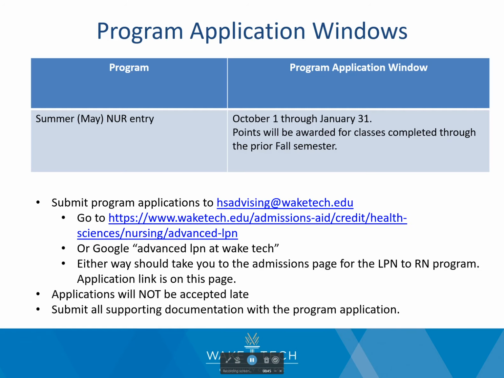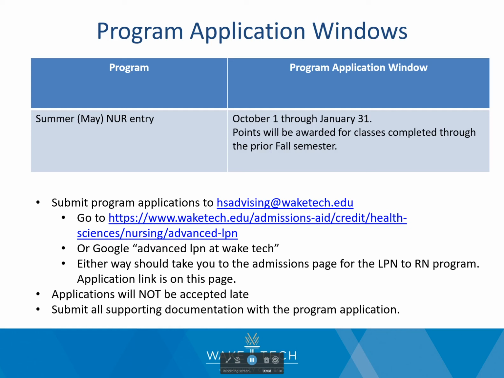Now, as I said, that application window will open October 1st through January 31st. We are a competitive program entry, so we are going to award points. We're going to cover that in just a minute, and we will use any class that you have completed up to that prior fall to award those points.